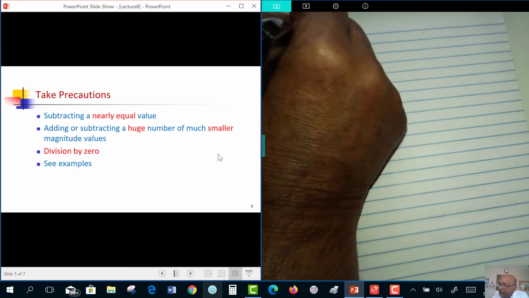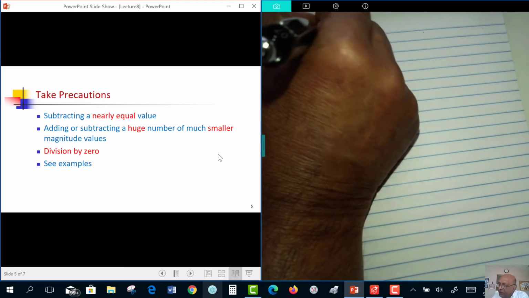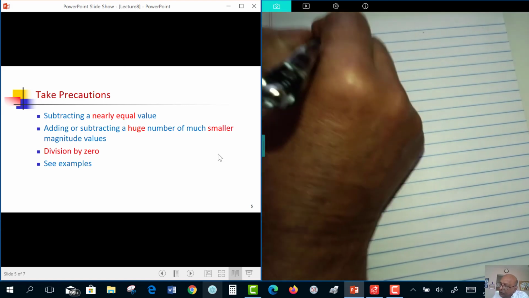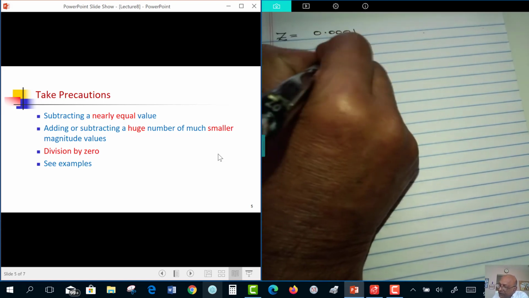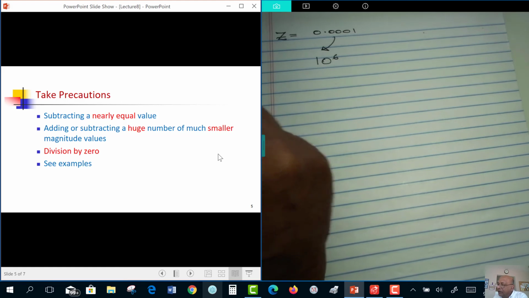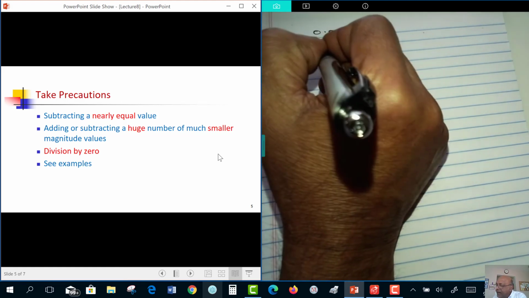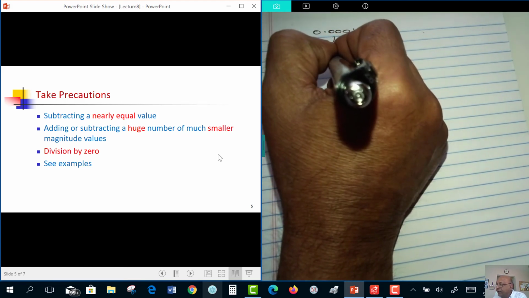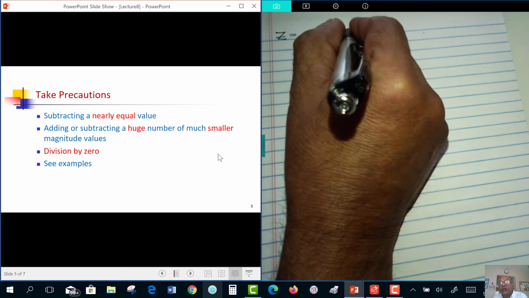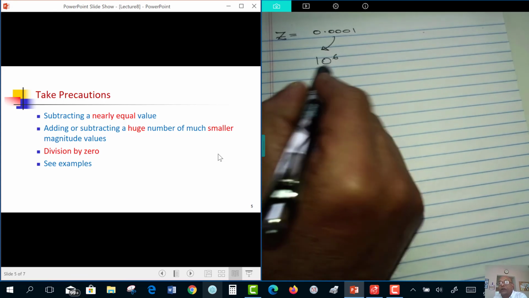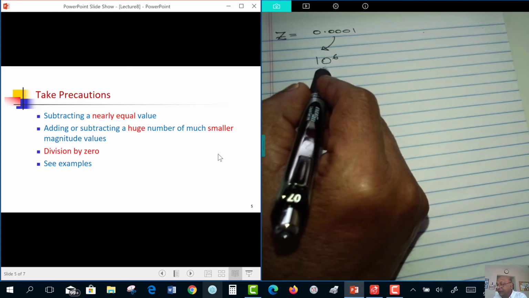Let's say they range from very, very small, 0.0001, to huge, like 10 to the power 6. So what happens is if they are arranged randomly, and let's suppose you start with 10 to the power 6, even if you add a lot of 0.0001s to it, 10 to the power 6 is not going to change.